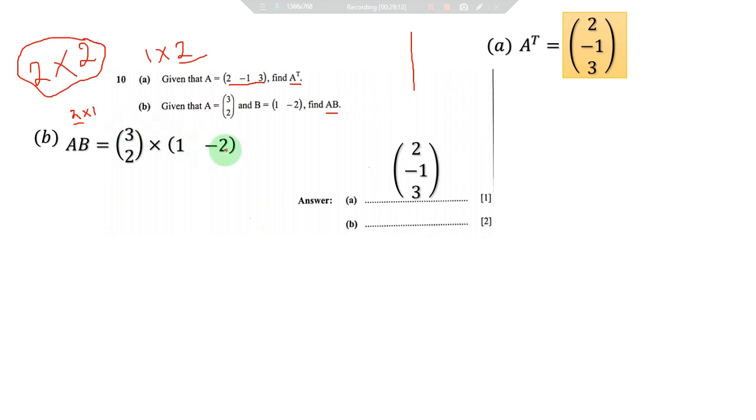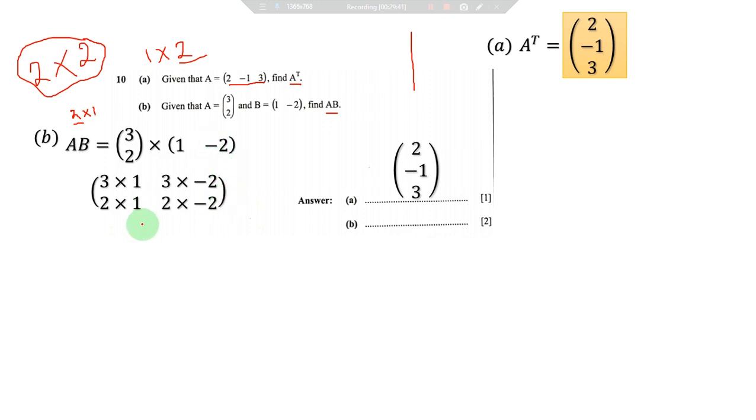The same procedure will be repeated even on the second element in this column. So we're going to have 3 times 1, then leave space because you're going to the second column, 3 times -2. We are done. We come to the second element in this second row. That is 2 times 1, again 2 times -2.